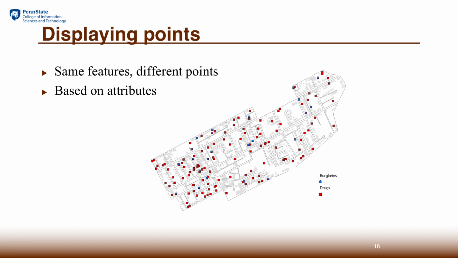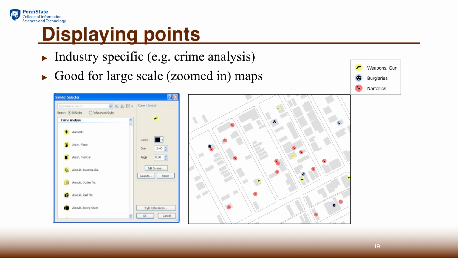Point data often carry attributes that allow us to see different subcategories of the same feature. In this case, it would probably be useful to see or compare the two subcategories in terms of their location and relative clusters. When choosing map symbols for our point data, we should try to follow the industry standard as much as we can.